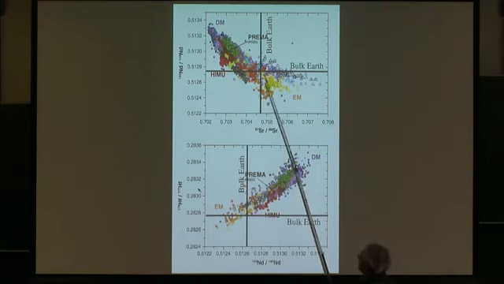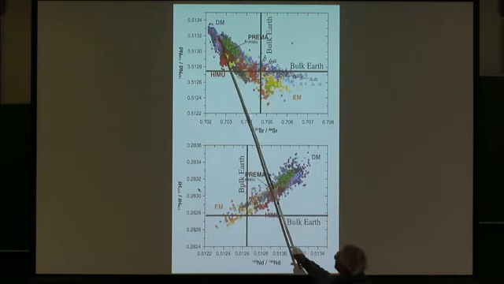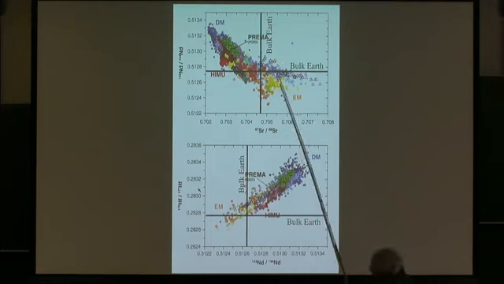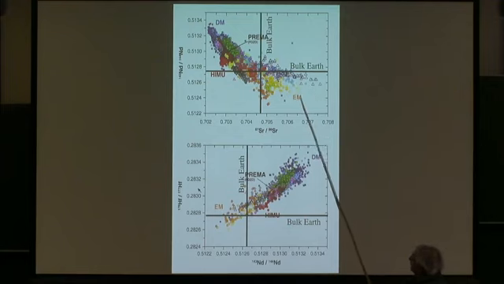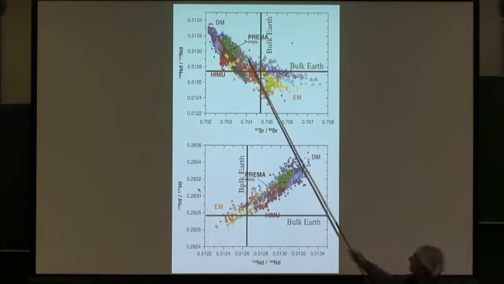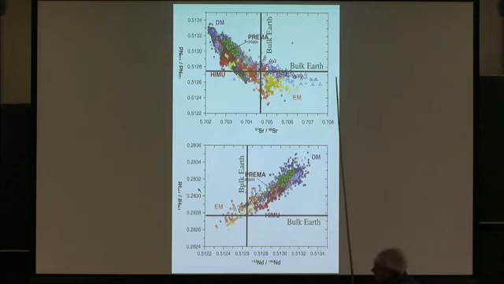There's a lot of problems with this. First of all, this is where Moore plots mid-ocean ridge basalts. So why do the ocean islands have such variable isotopic ratios? And the sort of time scale involved in producing this evolution is 1 or 2 gigayears.